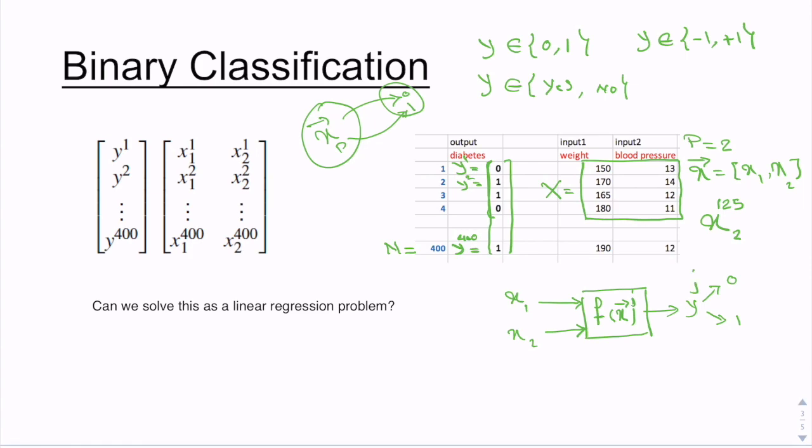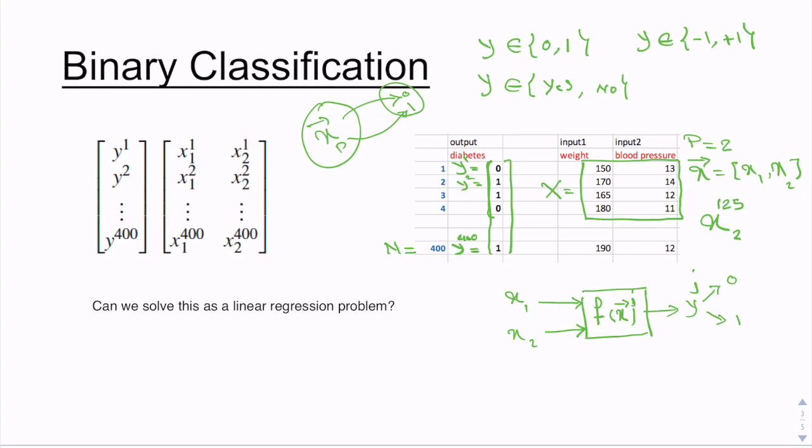So that's the task. What is this function? In here, we wanted to design a function which we call later on a logistic regression classifier. So the output of this function is either 0 or 1.